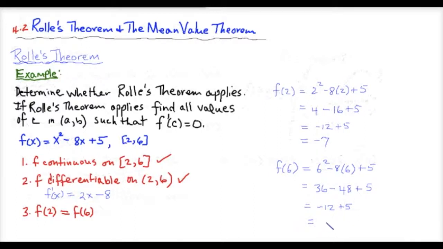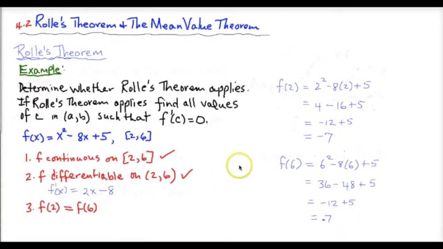And I end up with a negative 7. So you see that f of 2 is equal to f of 6. And so we can check that off.